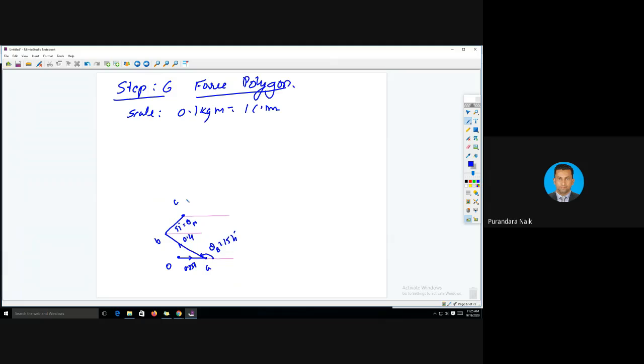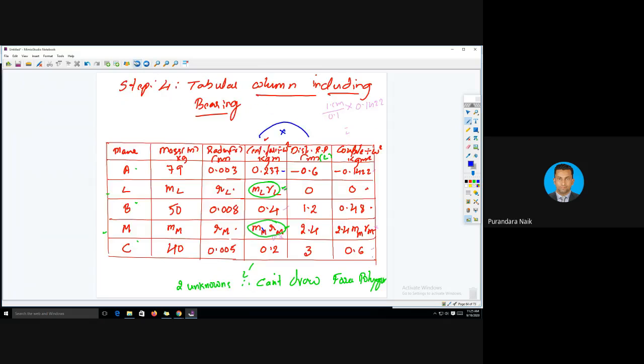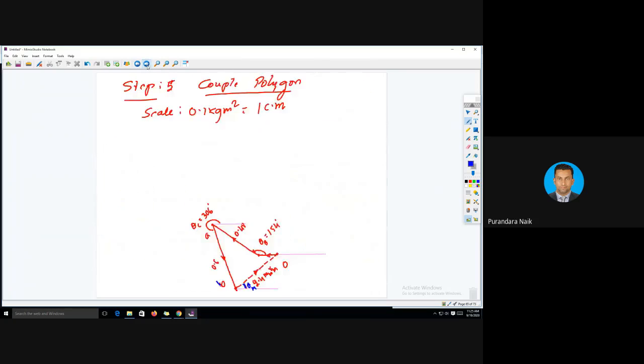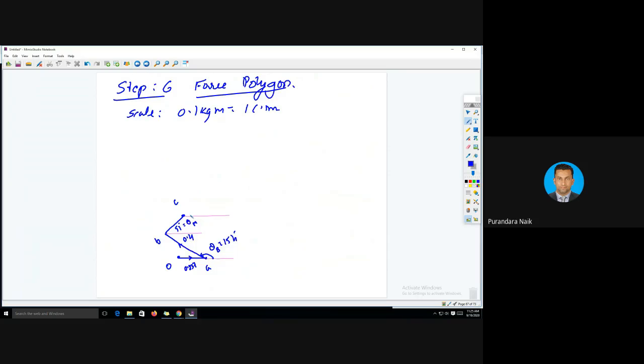After that, again the next mass is 0.2, 2 centimeter, but the angle of C is 306. So I'll mention it in the red colored line, 306. So theta C is 306 degrees, and it will come somewhere here.